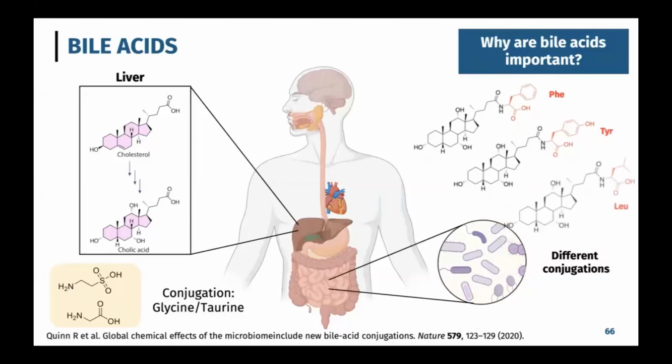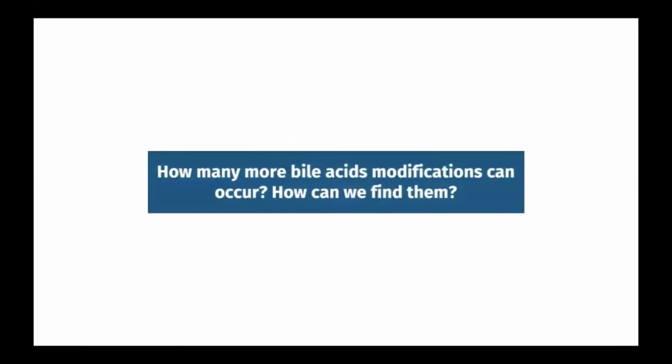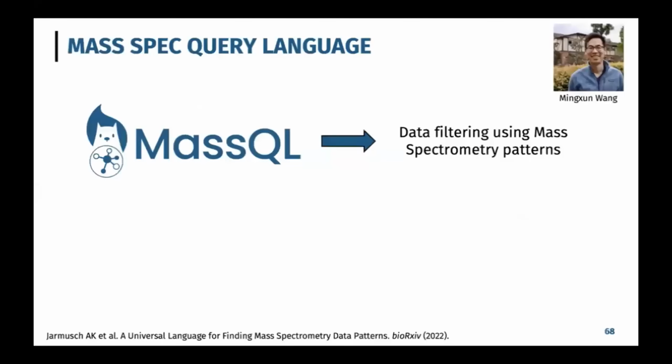But what we found in 2020 is that microbes were not only able to hydrolyze these, but also to conjugate new amines to them. In this case, we showed phenylalanine, tyrosine, and leucine. So the question that we had is, if there are 3, are there more? And how many more bile acid modifications can occur, and how do we find them?